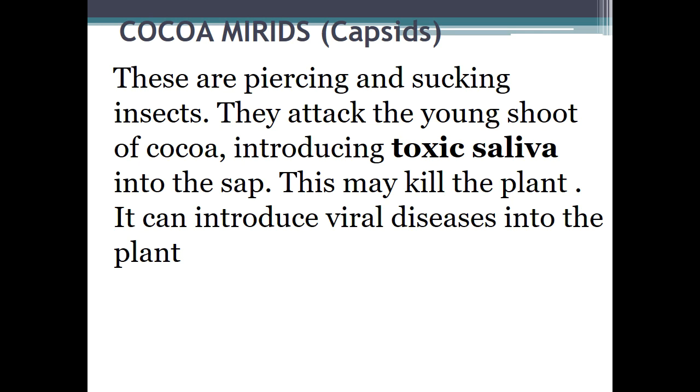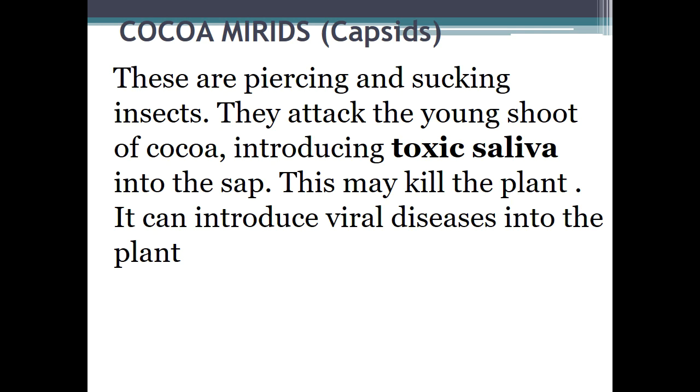Next is the cocoa mirid pest, also known as the capsid, from the name. This pest affects the cocoa plants. These are piercing and sucking insects.